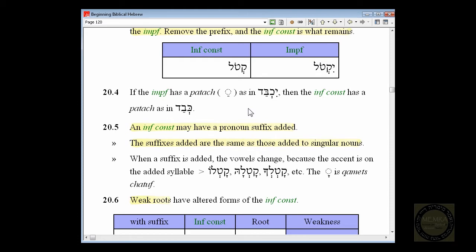Now, frankly, if you look at this form, look at kevad. Have you ever seen anything like that? The answer is no. You should be able to know that this is not a perfect. For starters, there's no ending, so you would think without a prefix, without a suffix, that would be your third masculine singular form.